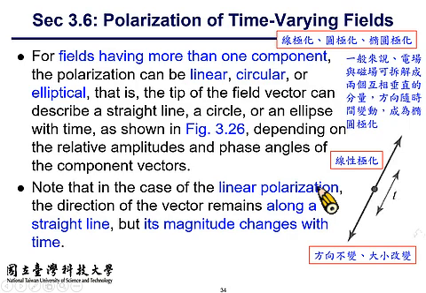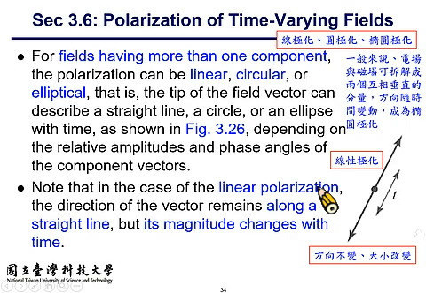Okay. So in this slide we have some other cases of electromagnetic wave polarization. As I already mentioned, linear polarization is a special case. Another special case is the so-called circular polarization, 圆极化. However, there is another polarization which is the elliptical polarization, 椭圆极化.